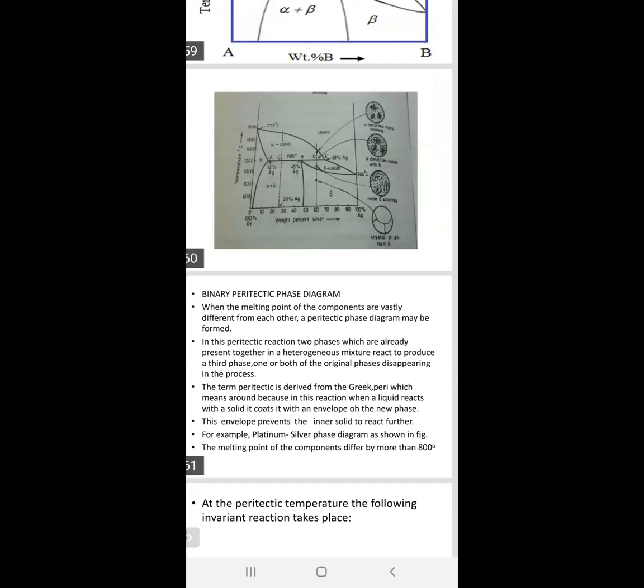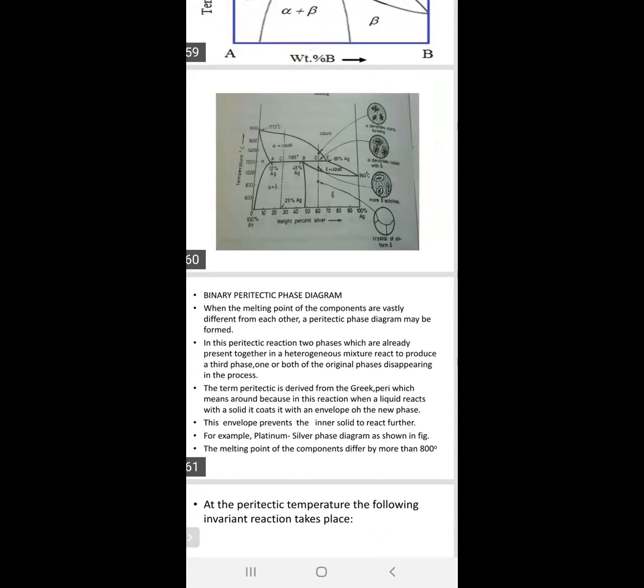In this peritectic reaction, two phases already present together, alpha plus liquid in a heterogeneous mixture, react to produce a third phase, one or both of the original phases disappearing in the process.